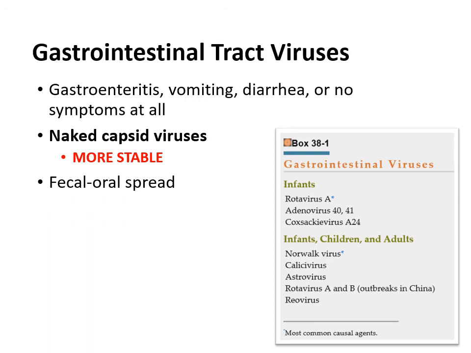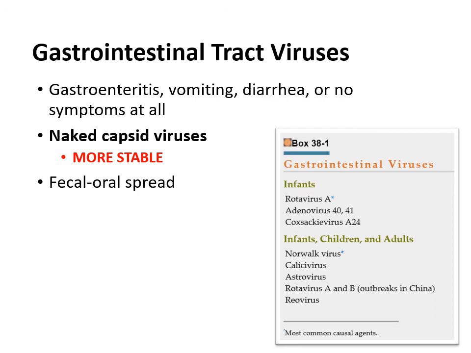Now, one point I make on this slide is that a lot of GI tract infections that are viral tend to be naked capsid viruses, meaning that they don't have the extra envelope around them. They're just the regular protein shell. They're usually more stable, okay?